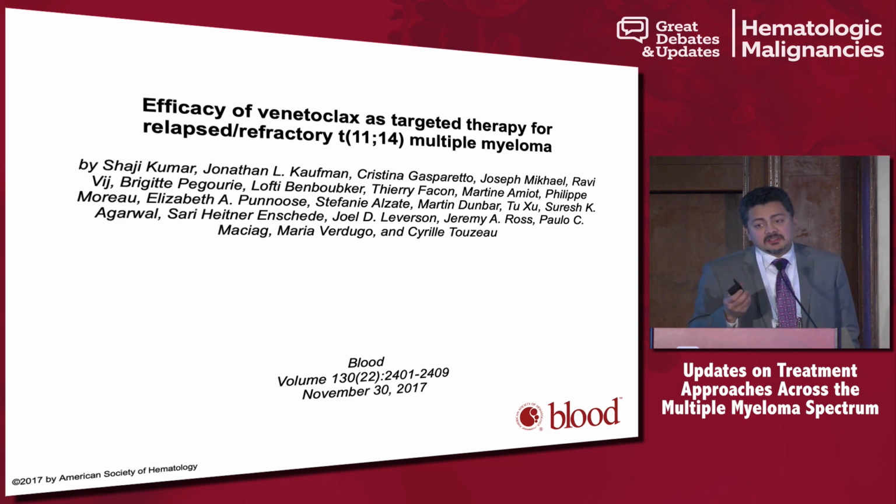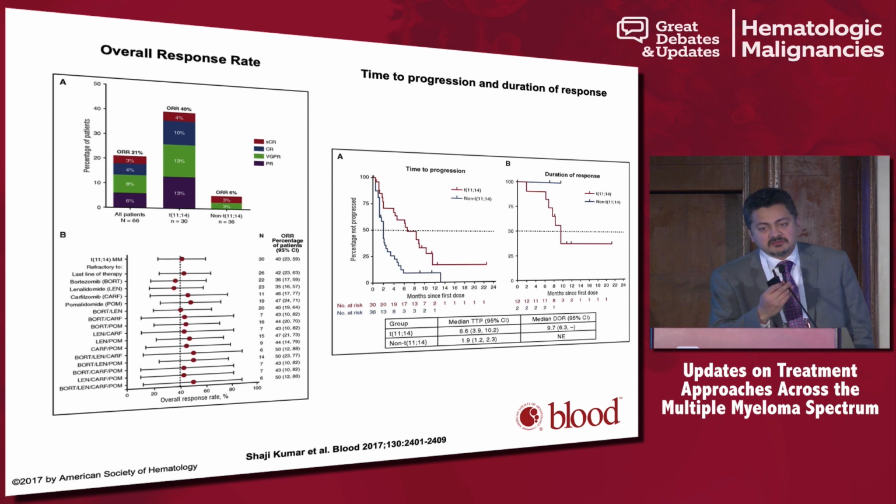The early data that we heard about venetoclax activity in myeloma specifically, you're probably already familiar with the CLL data and will probably hear more about it, was from Shaji Kumar when he presented the data with relapsed refractory multiple myeloma, specifically in the translocation 11-14 patients. When these investigators embarked on this clinical trial, they started to observe translocation 11-14 patients having a favorable response.